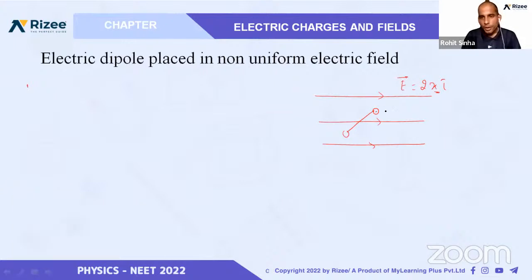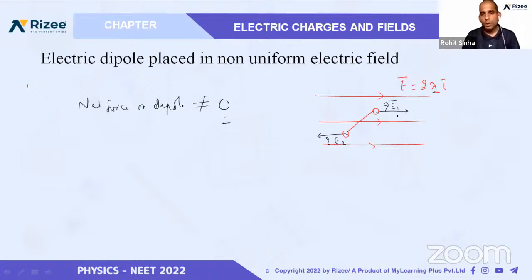We know at this point, electric field, let us suppose the force is q into E1 here, and here it is q into E2. The electric field is different because it depends upon x. So here a different electric field and there a different electric field. So the net force on the dipole will not be equal to zero.